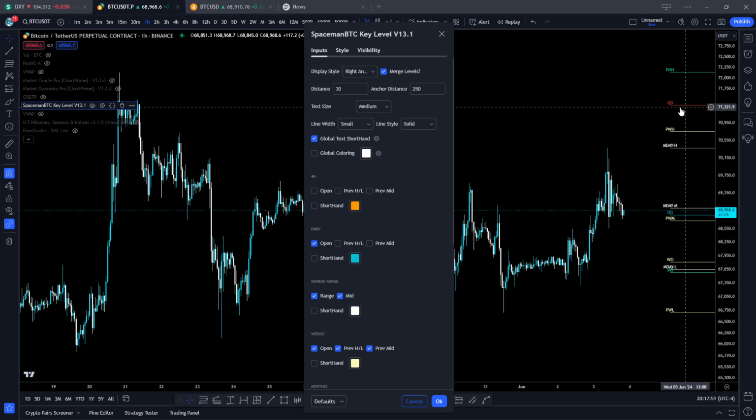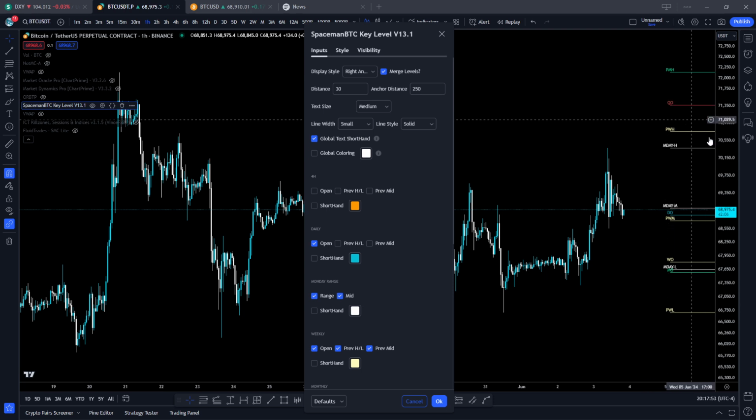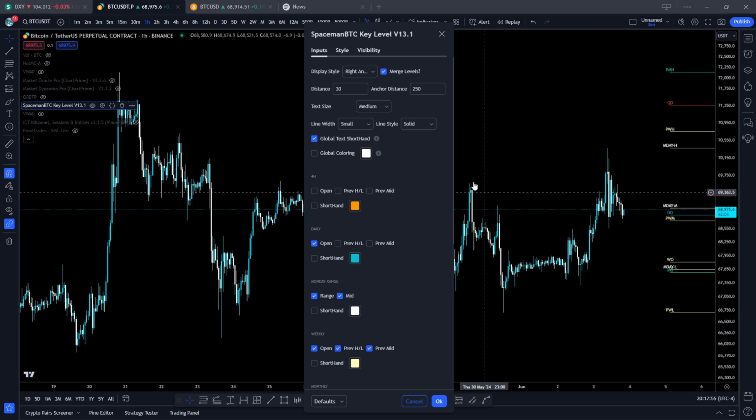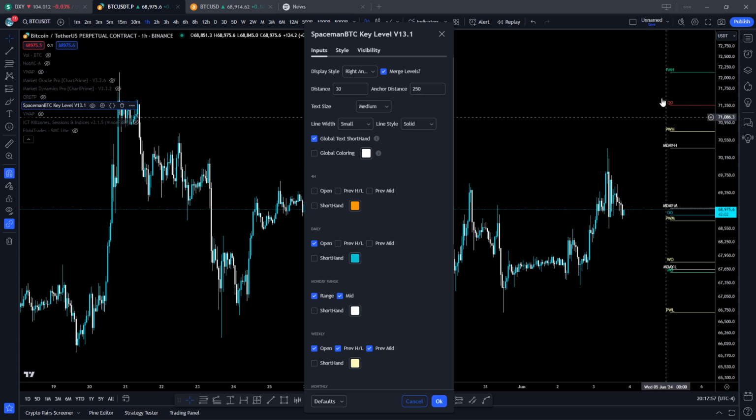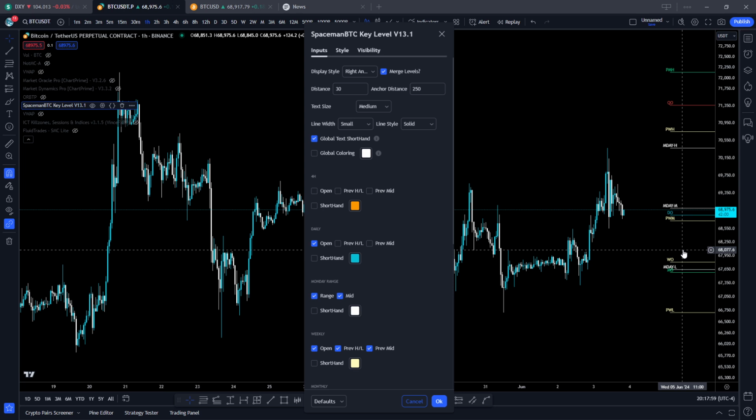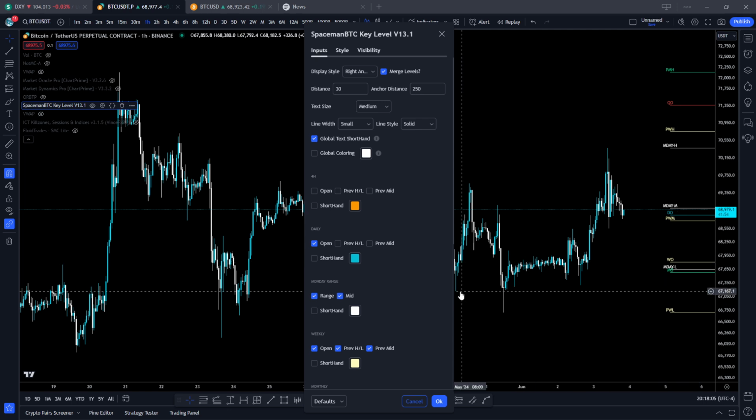So you've got your previous month high, your quarterly open, your previous week high, all that good stuff. And these are just key levels that we want to be paying attention to. So if we cross one of them, we can be looking for those reversals or possibly continuations. But yeah, it just helps you quickly identify all of those.